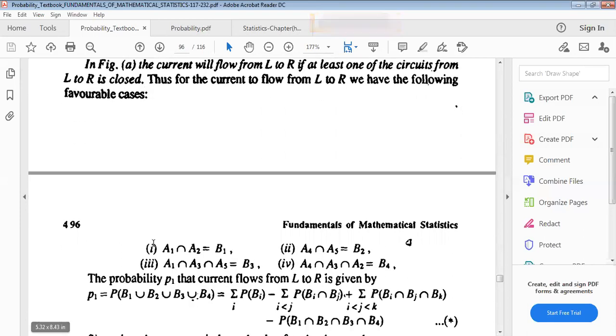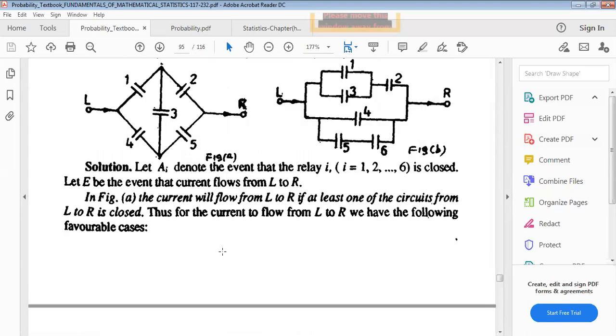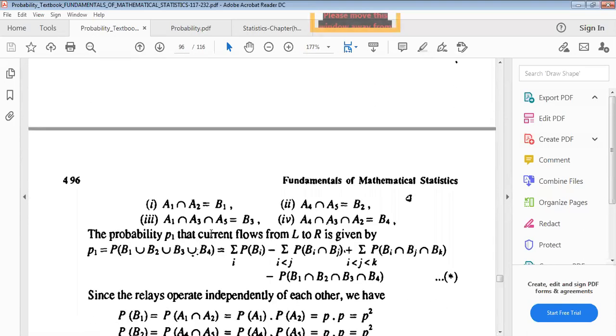First, A1 intersection A2 equals B1, second, A4 intersection A5 equals B2, then A1 intersection A3 intersection A5 equals B3, and A4 A3 A2 equals B4.